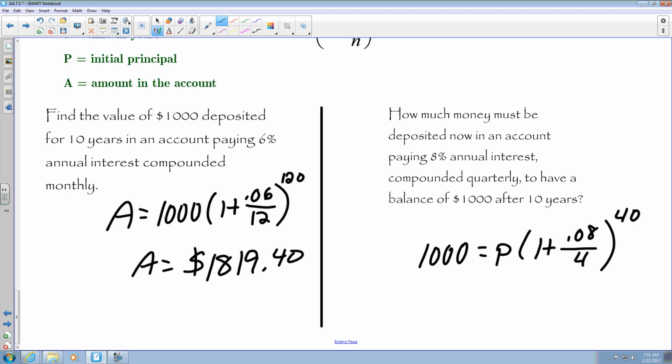So that means we have 1,000 equals, do the math here, roughly 2.21 P. Solve for P, it equals roughly 452.49.